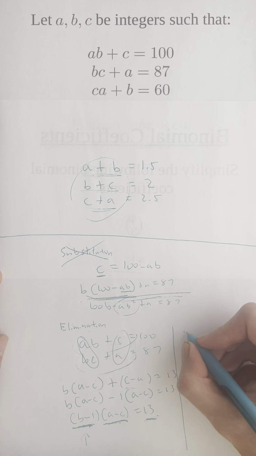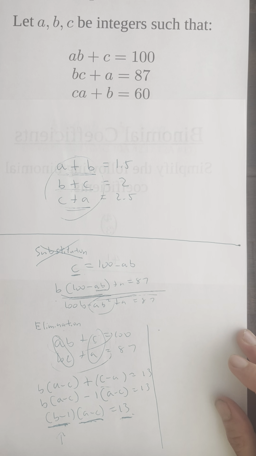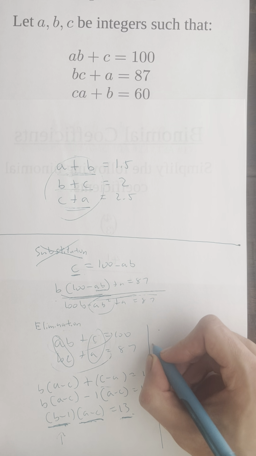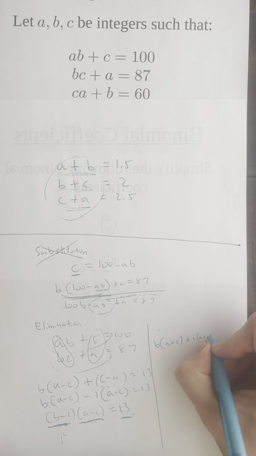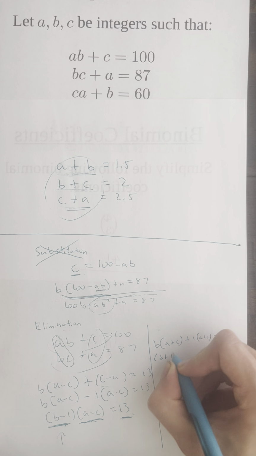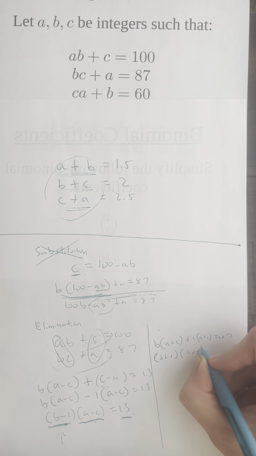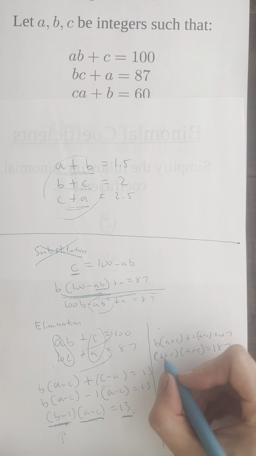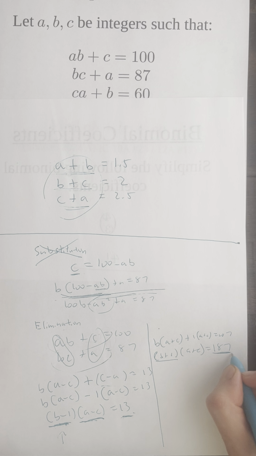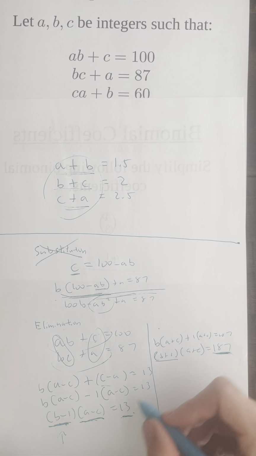Okay, so if we add these two equations, what's going to happen? So it's going to be b times a plus c plus 1 times a plus c equals 187. So b plus 1 times a plus c is equal to 187. Okay, so now, right, 187 has a lot more divisors than 13.